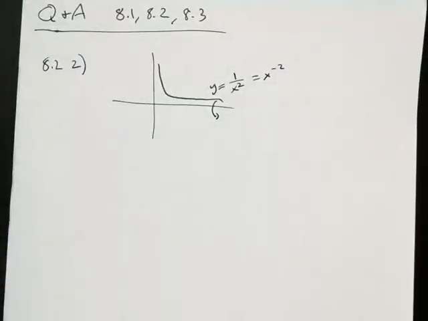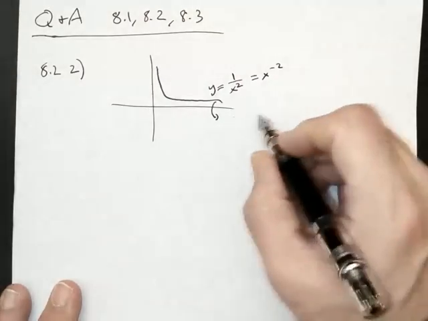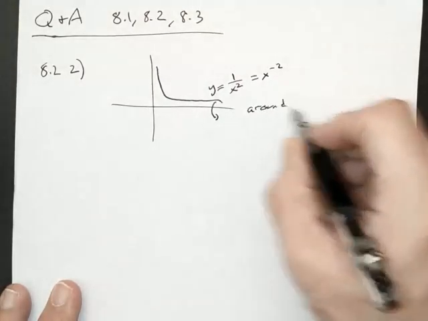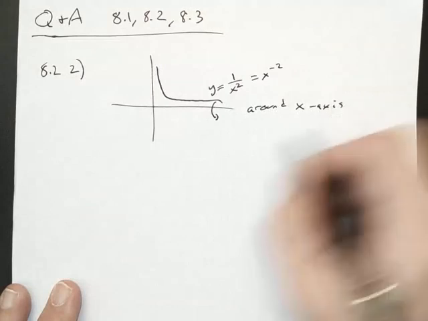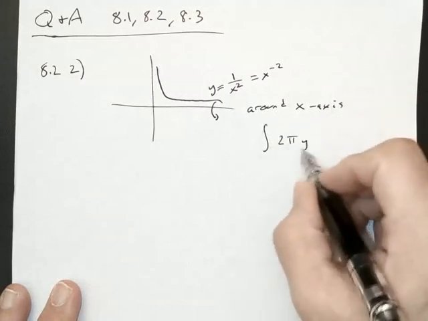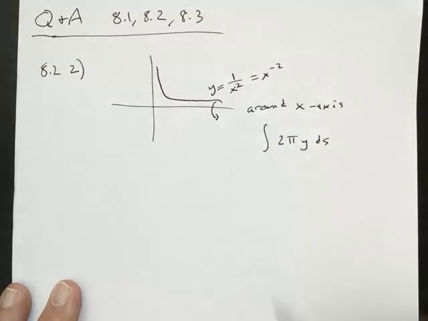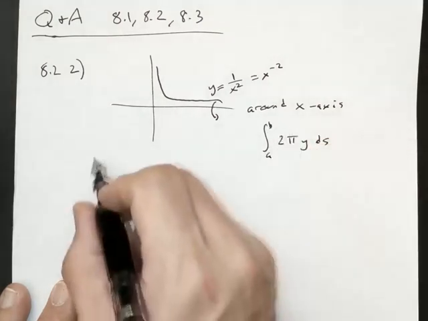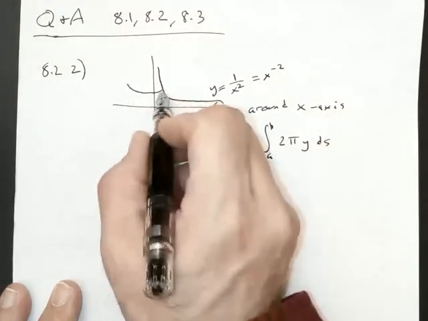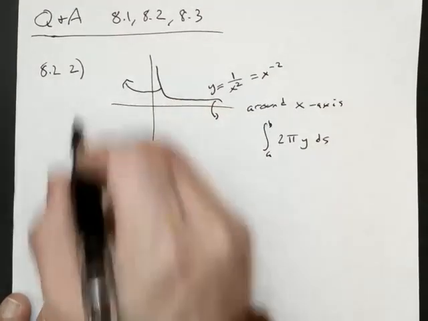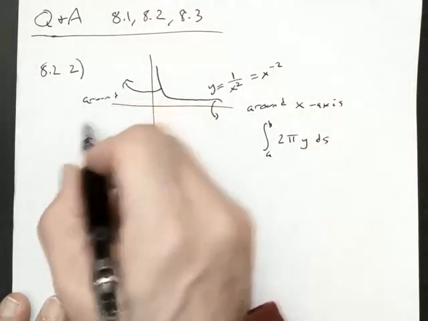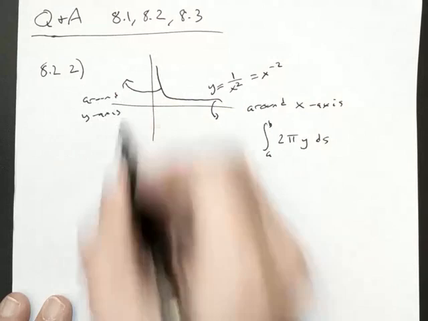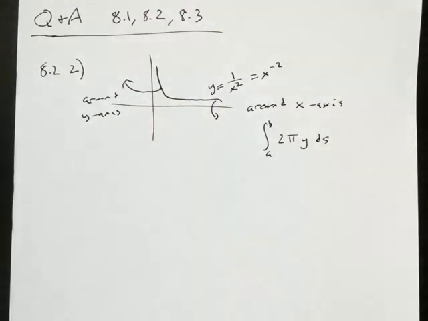Now, that's when I'm going around the x-axis. If I'm going around the y-axis, then my circle will be oriented horizontally, right?